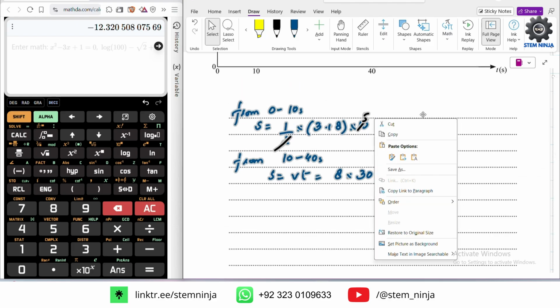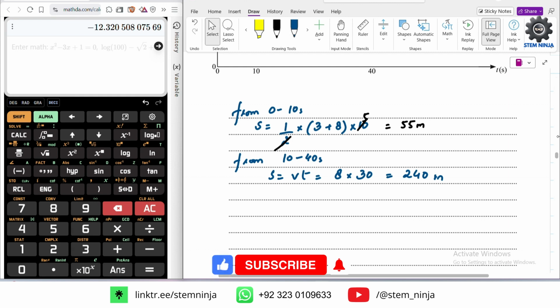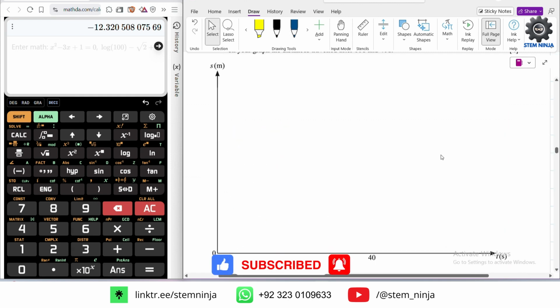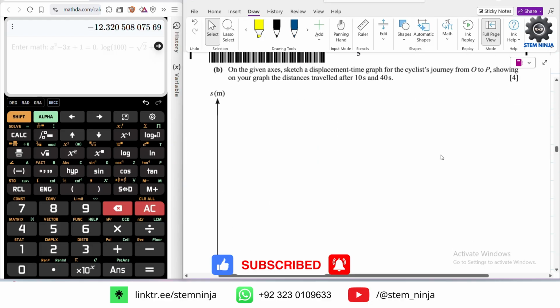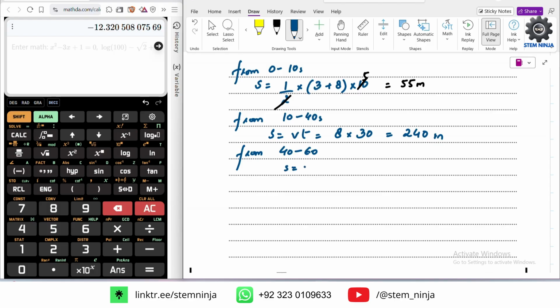Okay, 240 meters. And then we have 80 further meters. Okay, so from 40 to 60, s is a further 80 meters. So total displacement.